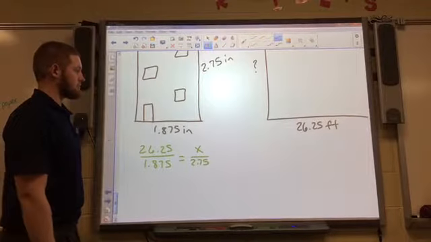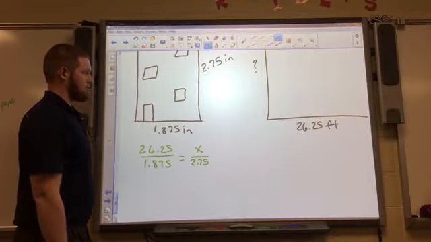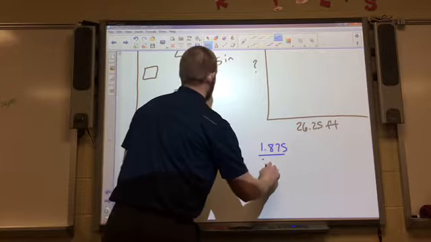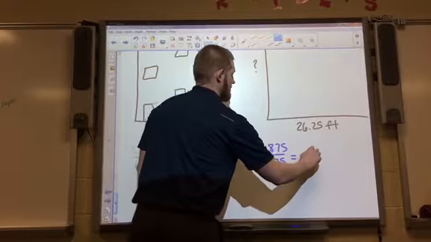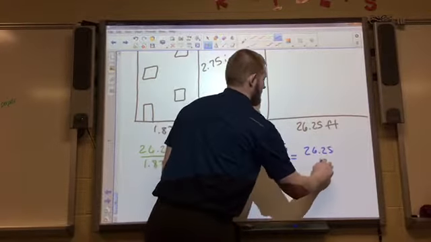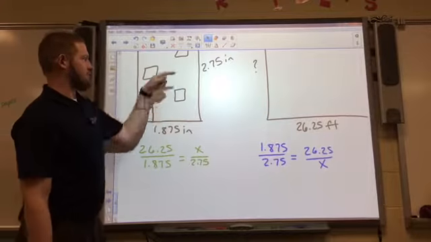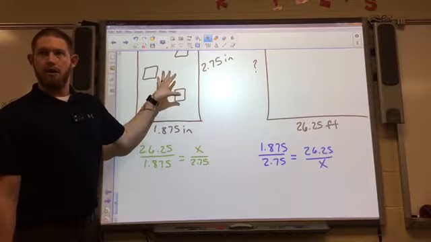Carly? Okay, so 1.875 over 2.75. Do 1.875 and 2.75 have something in common? They're on the same diagram, right?